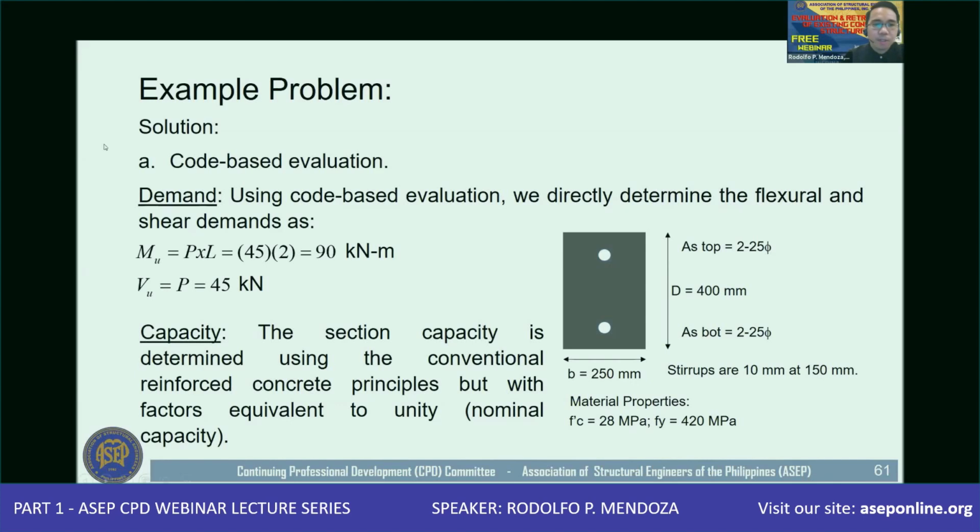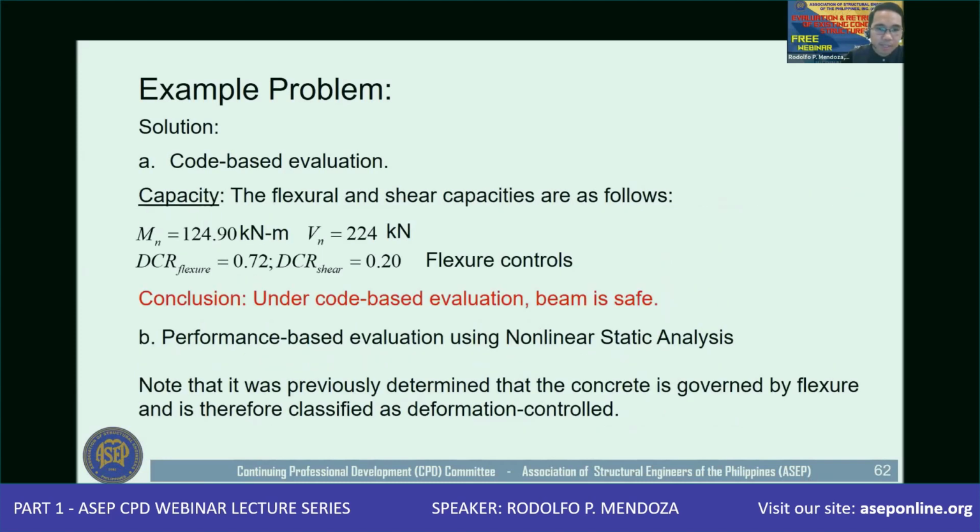So we start our solution using code-based assessment. Of course, using code-based assessment, we calculated the demand in terms of forces, 90 kilonewton meter for flexural demand and 45 kilonewton for shear demand. Now, the capacity of the section, given this information, can be determined using the principles of concrete mechanics, and this is what we got.